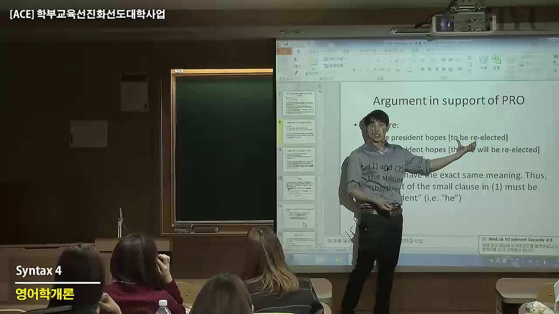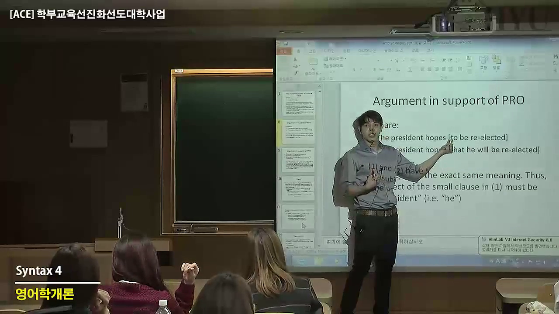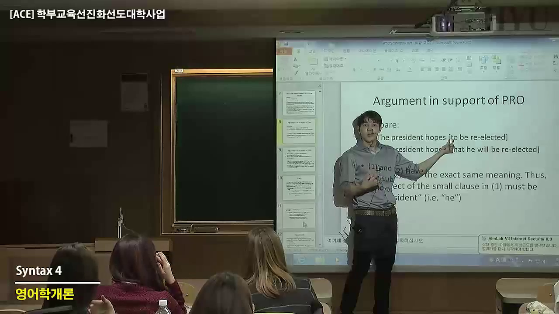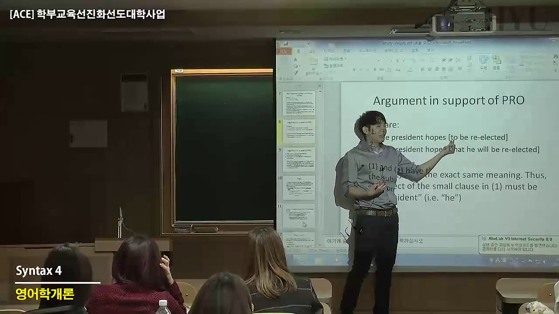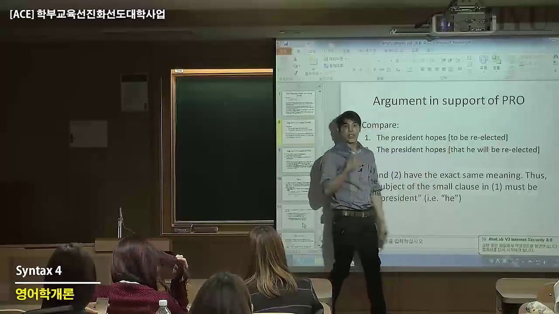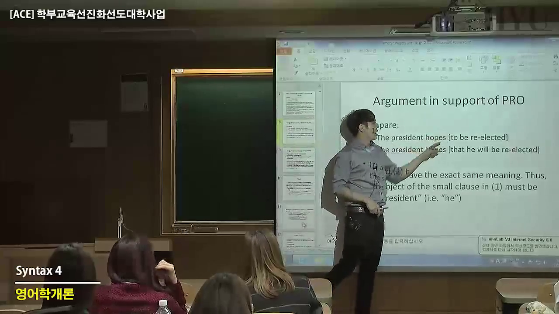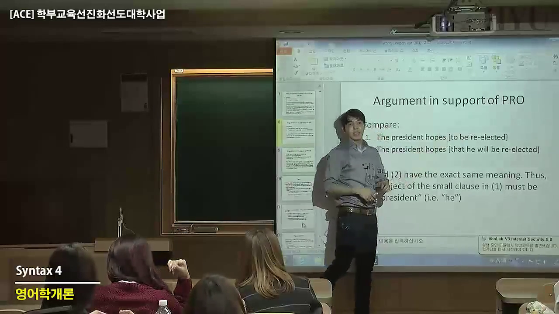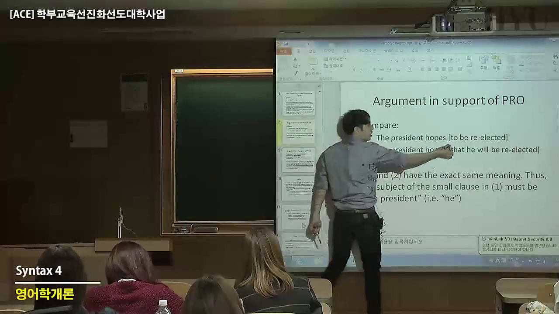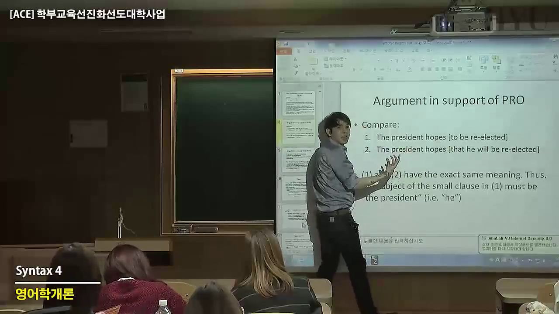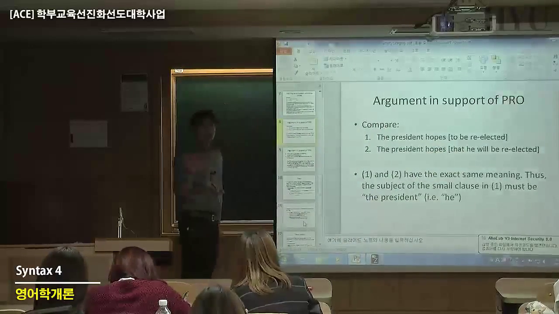But a small clause must have a subject, right? Who will be re-elected? So it has to be he, but it's not present. So we call it an empty category, and we give it a name, pro. It can be there, like hopes himself to be re-elected. So it's the subject of re-elected, okay?